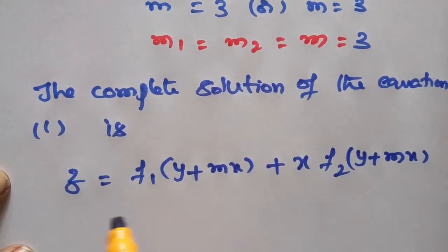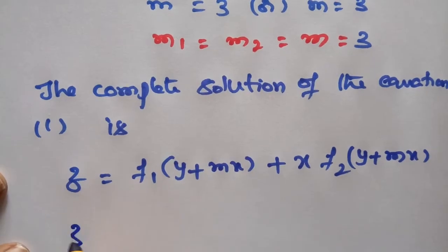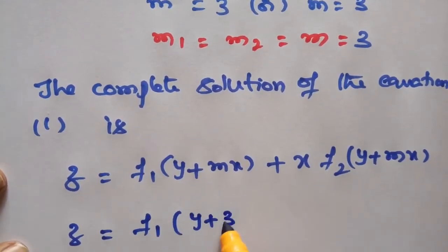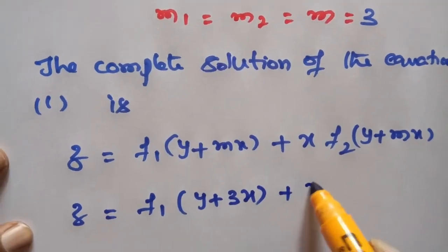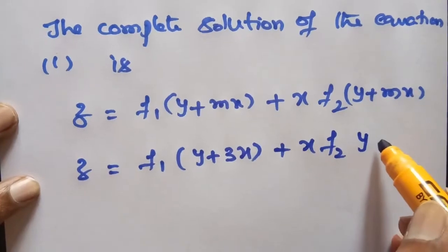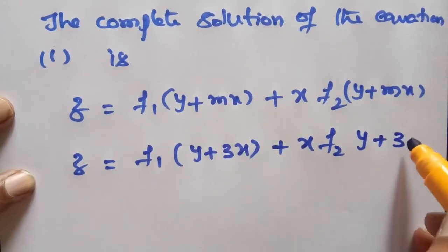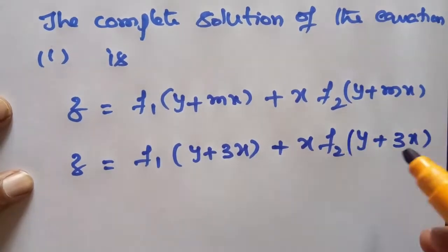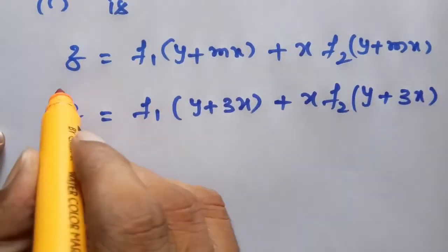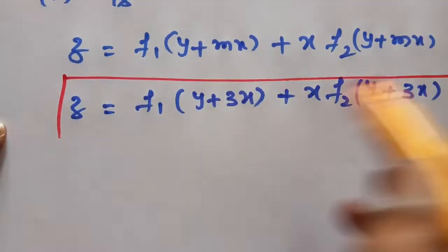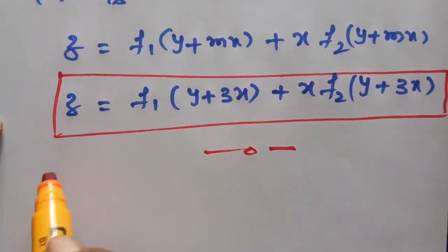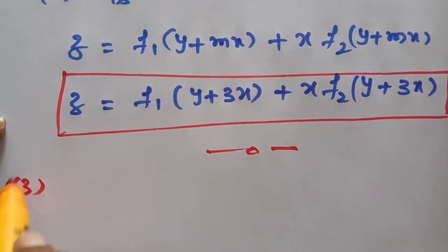In the case of repeated roots, case 2, therefore z is equal to f1 of y plus 3x plus x into f2 of y plus 3x, which is the complete solution of the given equation. Now problem number 3.